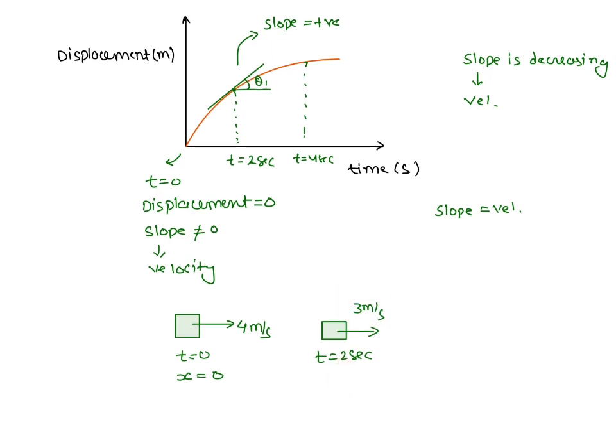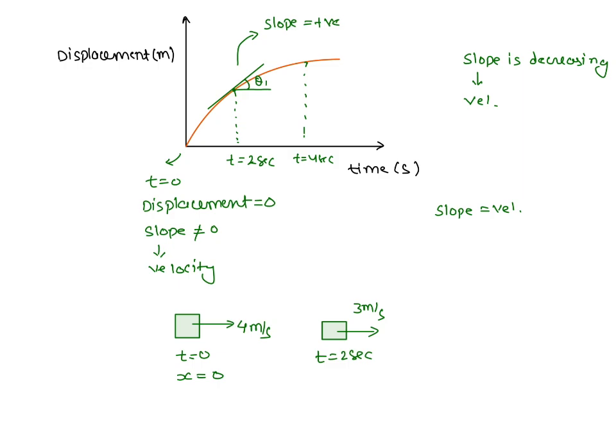Now, let me ask you one question. Initially, the particle was moving with speed 4 meter per second, and then its speed or velocity reduces to 3 meter per second. So, in which direction should the force be acting on this particle? I'm talking about net force. Just give it a try.